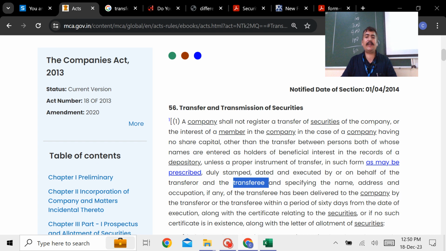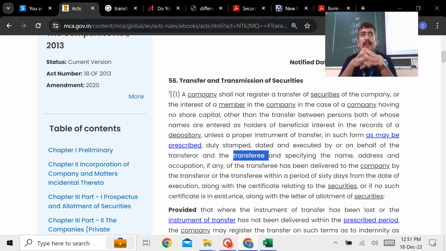So what is this paragraph trying to say? The procedure mentioned in the rules. The rules mention nothing but what? The form number. What's the form? SH4. It should be dated, it should be executed. Executed stands for it should be signed by both the parties.